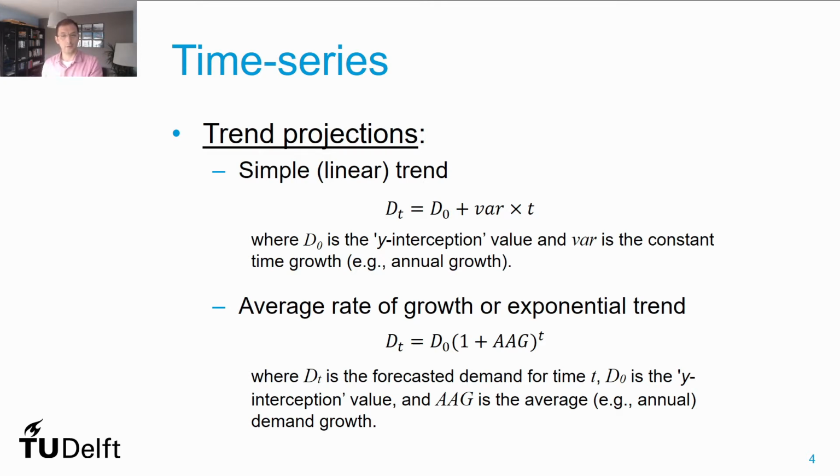On the other hand, the exponential trend method assumes that there is a rate which is constant. This is the AAG, or annual average growth, in the expression at the bottom. What we assume is that there is a percentage, a ratio, that is fixed over time.